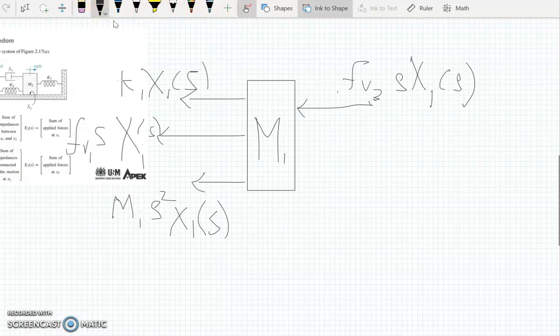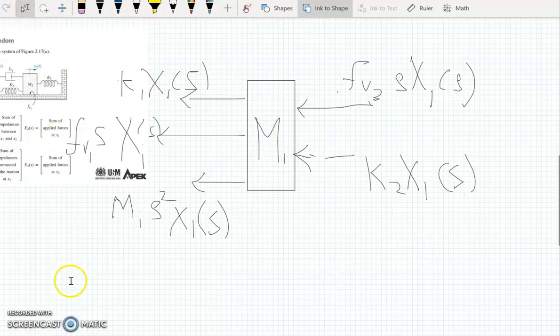And then there's the spring, K2, x1 s. So remember, this is just the force.